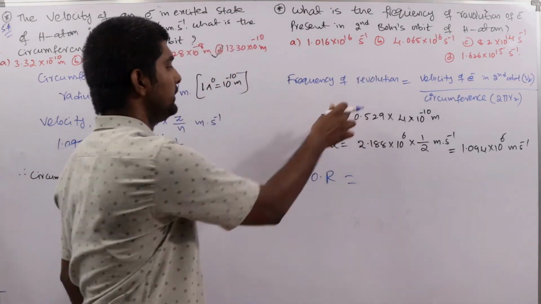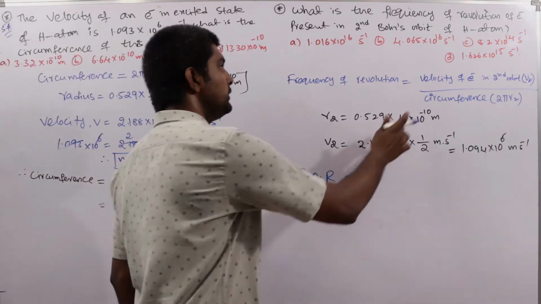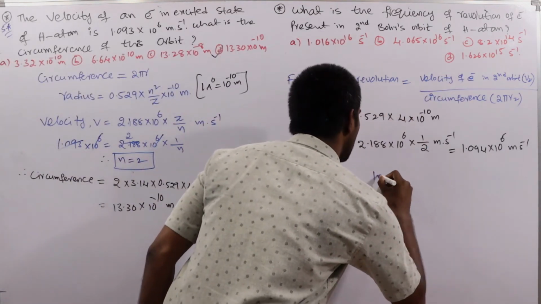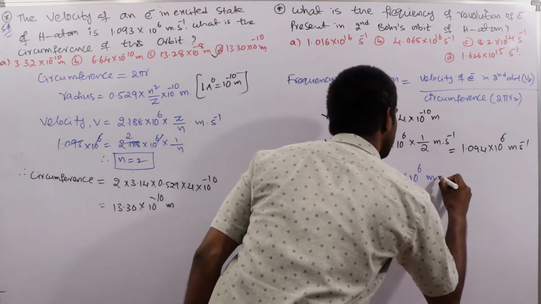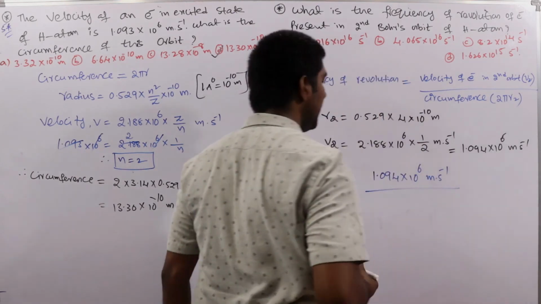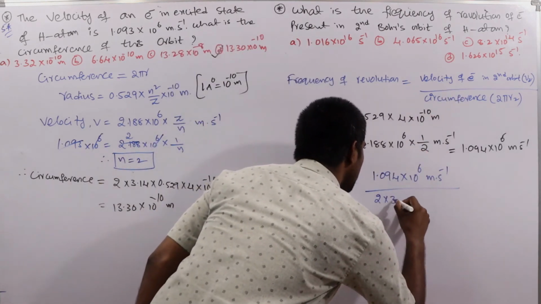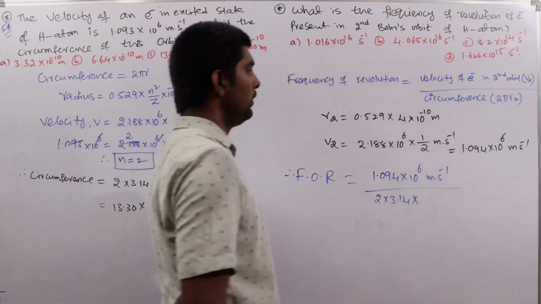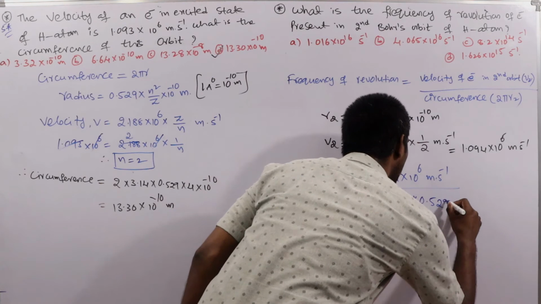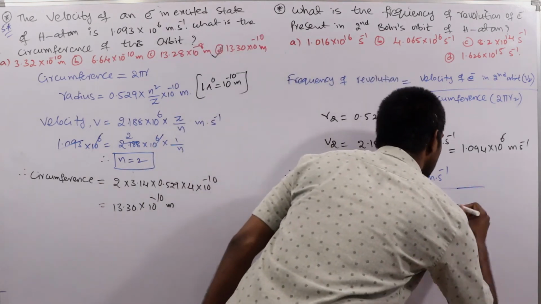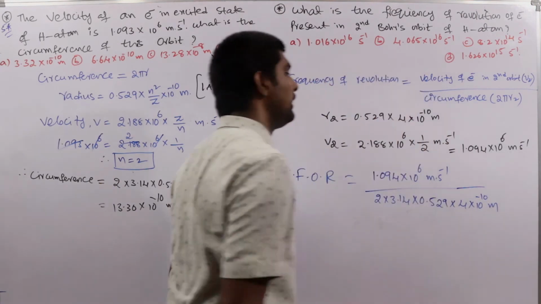Fr means frequency of revolution. So velocity how much now? 1.094 into 10 power 6 meter second inverse by circumference, 2 into 3.14 into radius, 0.529 into 4 into 10 power minus 10 meter.